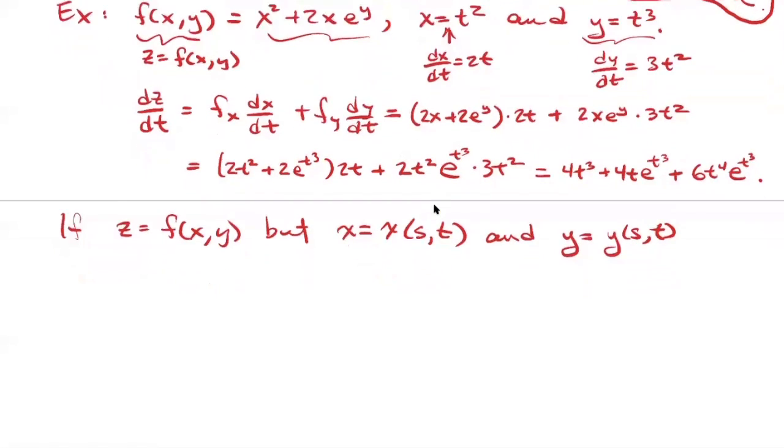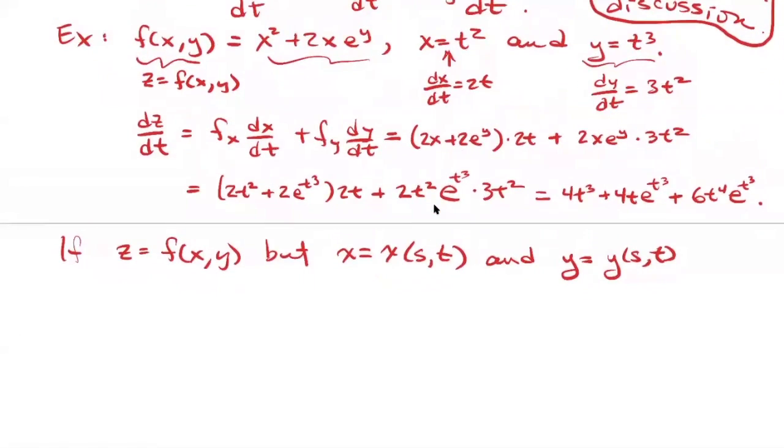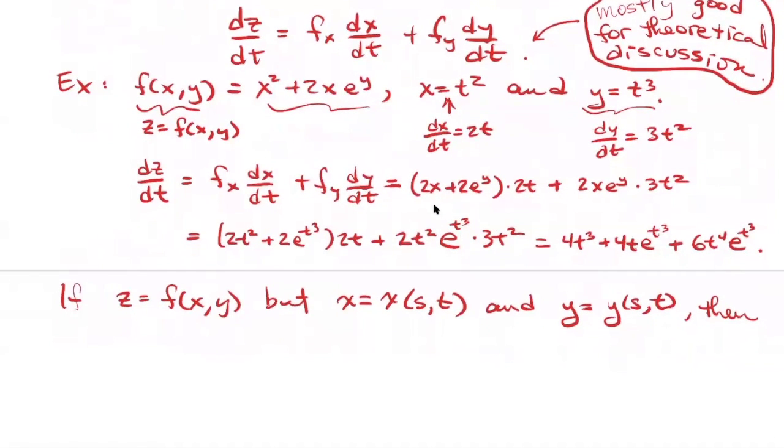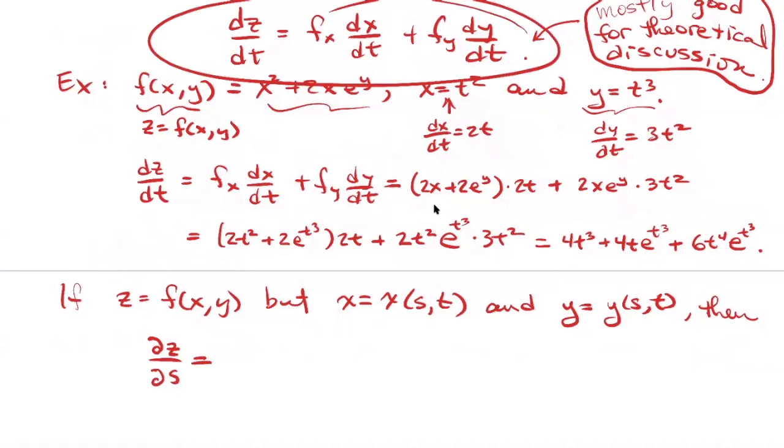Okay, any questions? Then you can look up above as guidance when I say dz over ds, but I'm going to say partial of z with respect to s. I'm just using the chain rule up above as guidance.